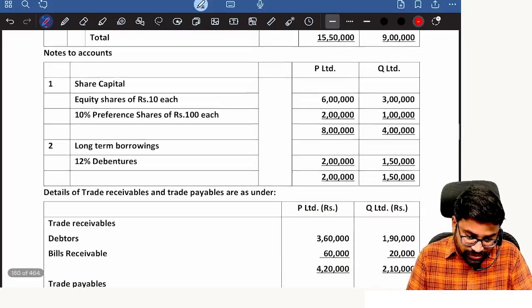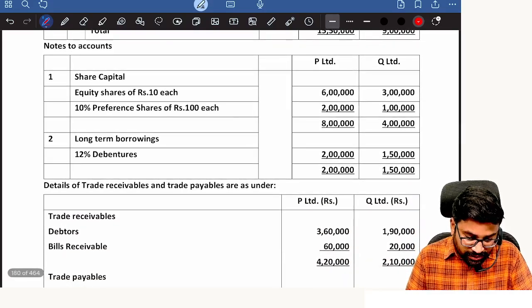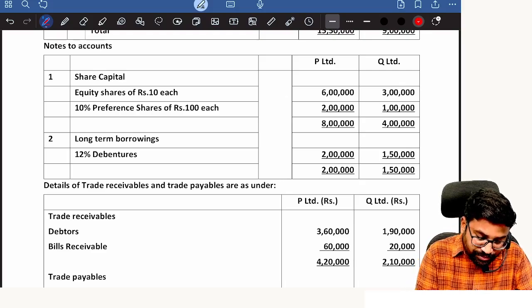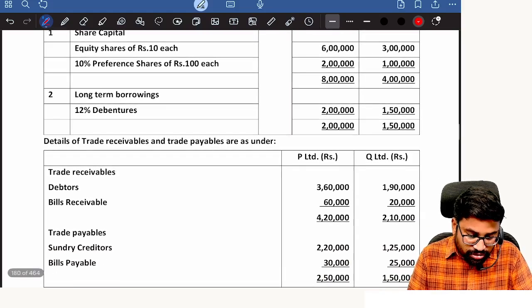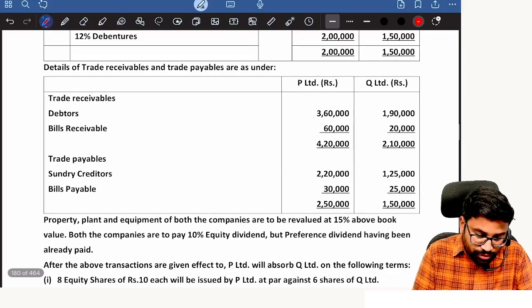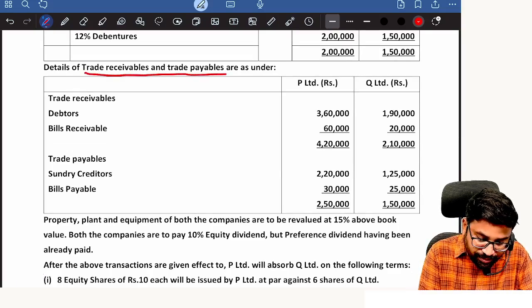Notes to accounts, if you see, share capital, equity shares of 10 each, 6 lakhs, 3 lakhs. 10% preference shares of 100 each, 2 lakhs, 1 lakh. In long term borrowings, we have 12% debentures, 2 lakhs, 1.5 lakhs. Now details of trade receivables and trade payables are as under.